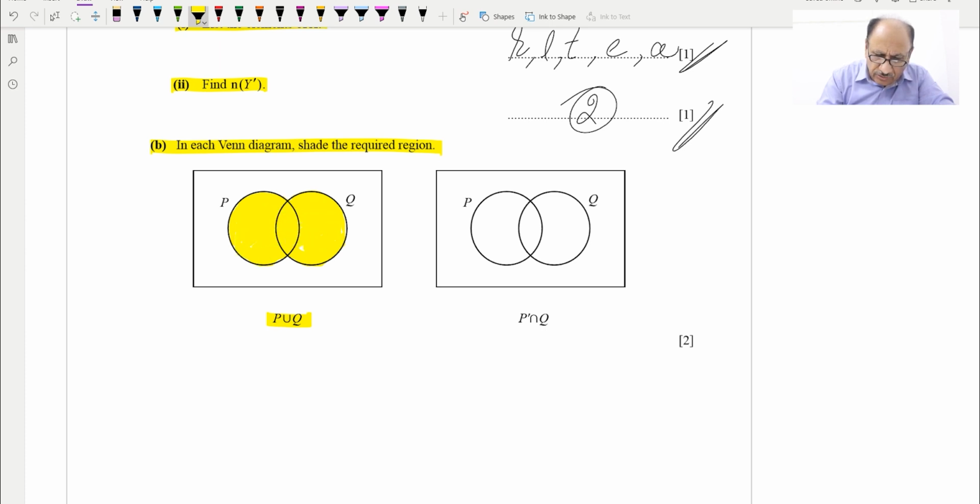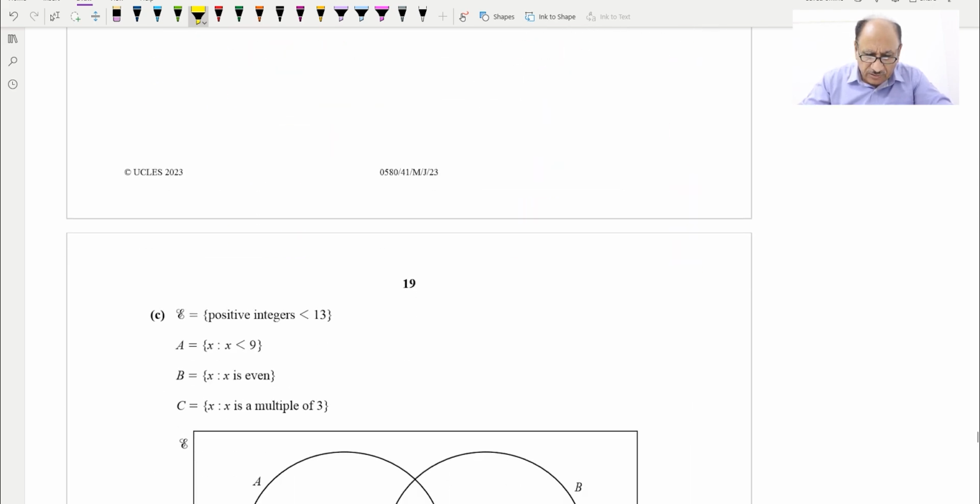So we have shaded this properly. Then P complement intersection Q. P complement intersection Q will be only this region, because we take whatever is not in P and intersect with Q. So only this region will be shaded, and that will be our answer, and this is for 2 marks. Hopefully you understand this.